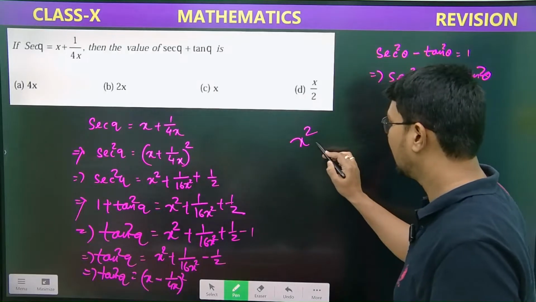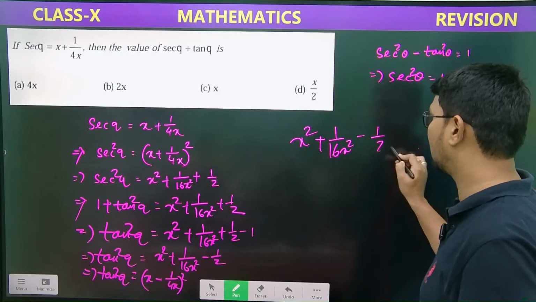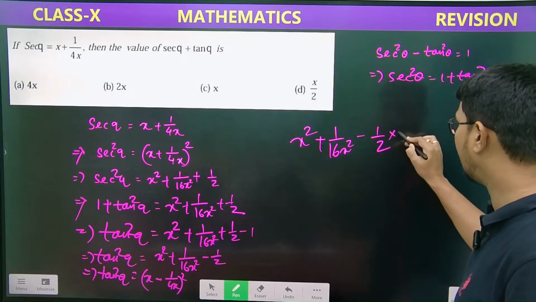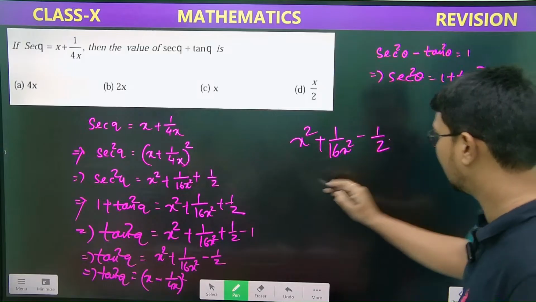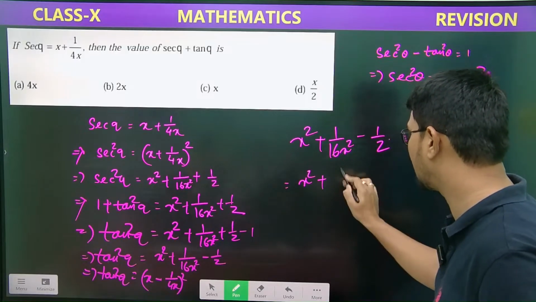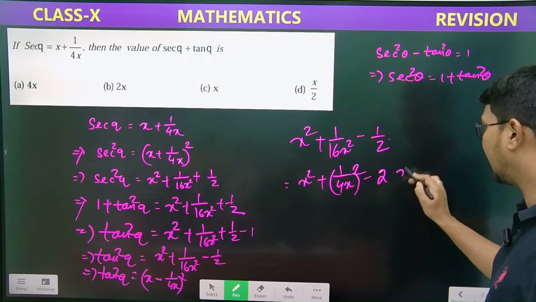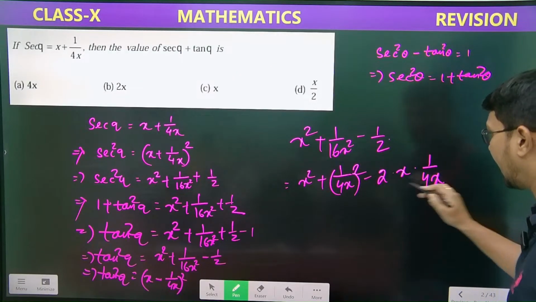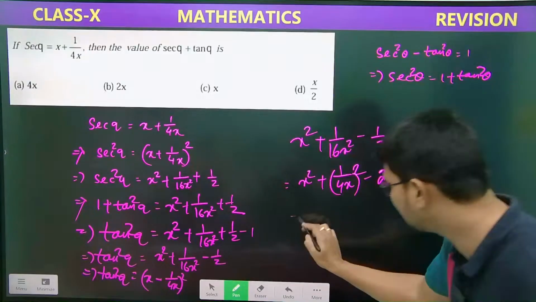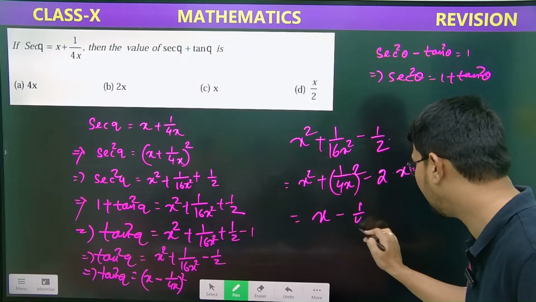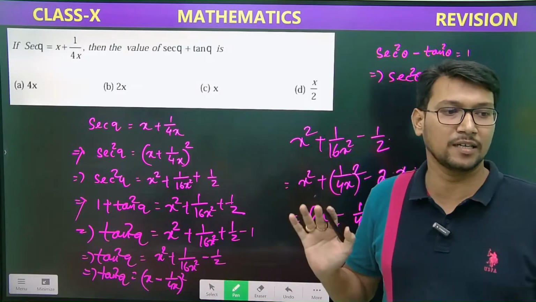X square plus 1 by 16x square minus 1 by 2. I can write now it is x plus 1 by 4x whole square minus 2 into x into 1 by 4x. Kitna hai? X cancel, 2 to 4, 1 by 2, or not? So this is whose value? X minus 1 by 4x whole square. That one I have written. Is that clear to all?